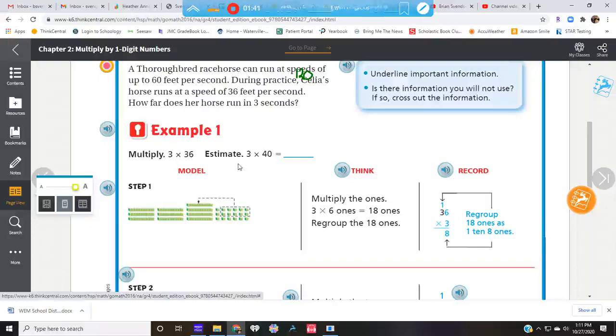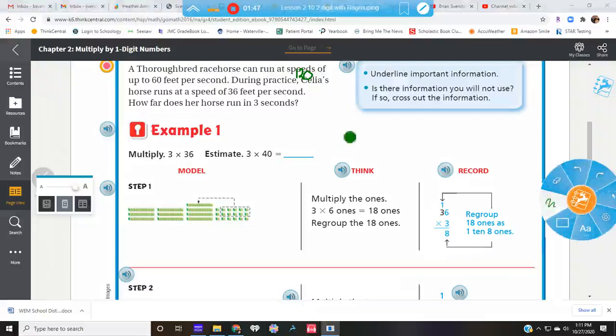So if we're going to multiply, we have 36 times 3. Our first step is to multiply these 3 rows of 1s. I have 1, 2, 3, 4, 5, 6, three times. So 3 times 6, if we add all those up, is 18.